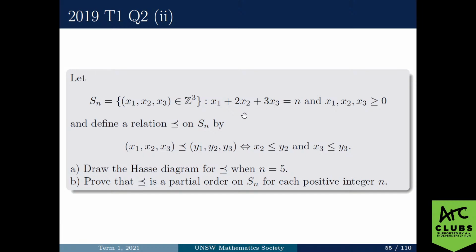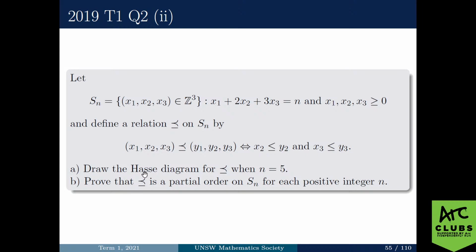So that's a bit much to work with right now, but we'll see a better picture of that later. And we also define this relation on the set: if a tuple x is related to another tuple y, then that x2 value must be less than or equal to that y2 value, and that x3 value must be less than or equal to that y3 value.